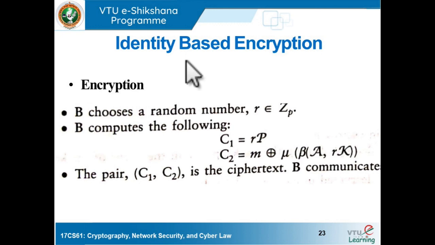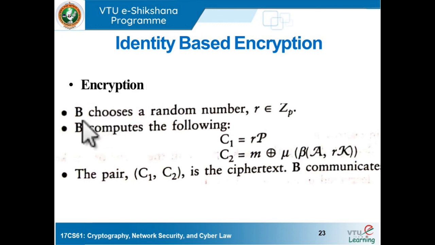And also Bob needs to know the email ID or the ID of the client A. Using these two pieces of information, that is the public parameters of the public key generator and also the client Alice's email ID, he can calculate and encrypt the message and send it to Alice.